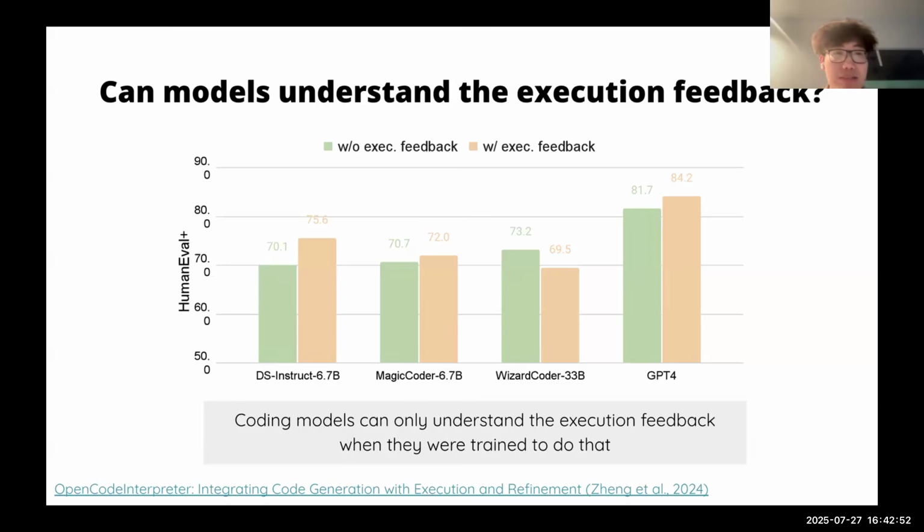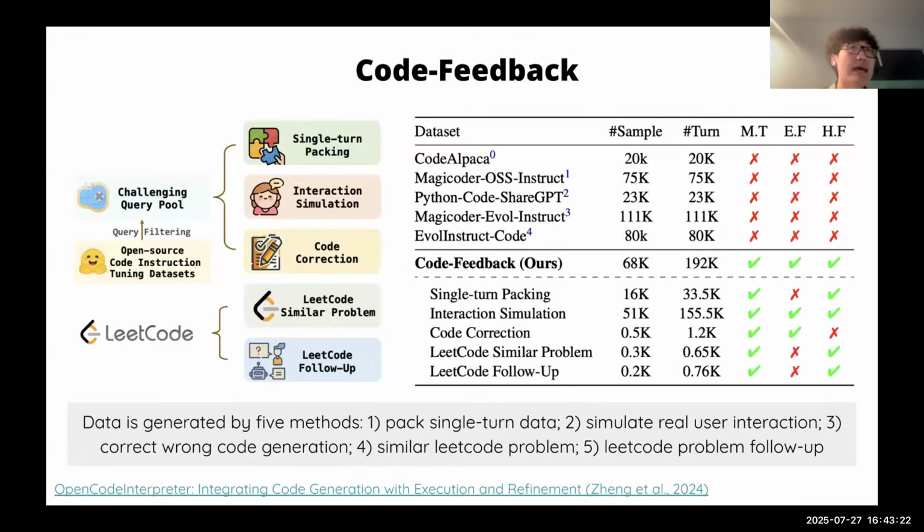And in our previous paper, we found that only the models that were trained on those kind of feedback data could understand this kind of execution feedback. For example, WizardCoder, which is basically just trained on code instruction pairs, does not have the ability to understand the execution feedback. So the question is, how can we let the model understand the code feedback?